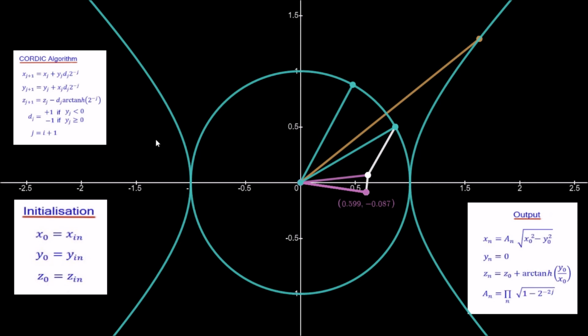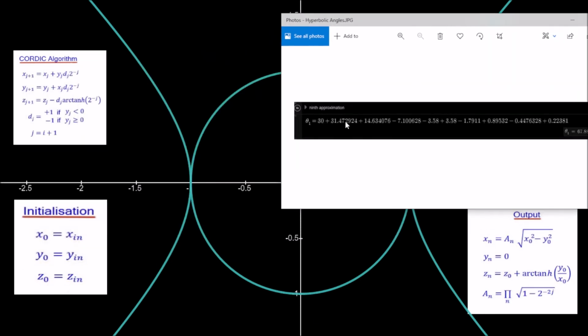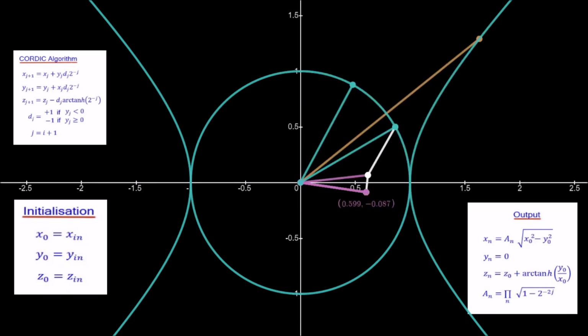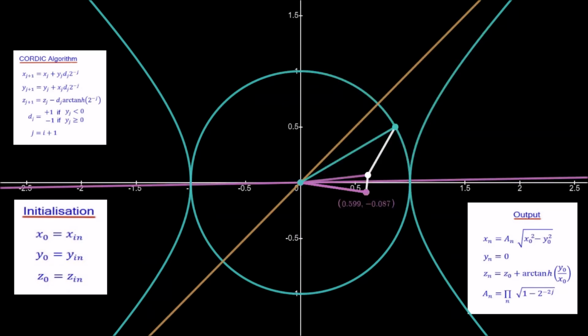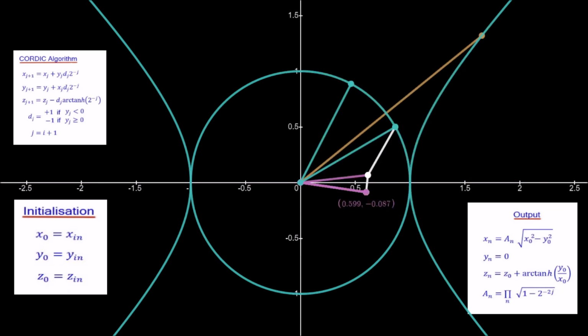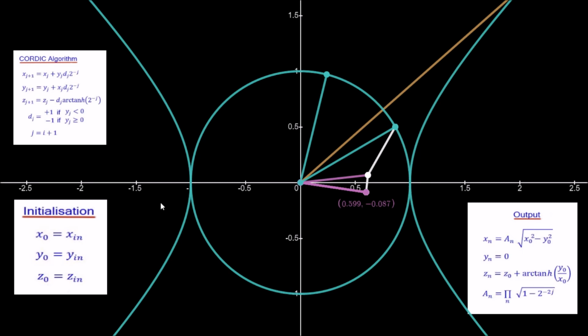So we're going to add on the value for that angle, and the value for that angle is going to be 14.634076. So I'll add that on just now. And that gives us our next approximation.